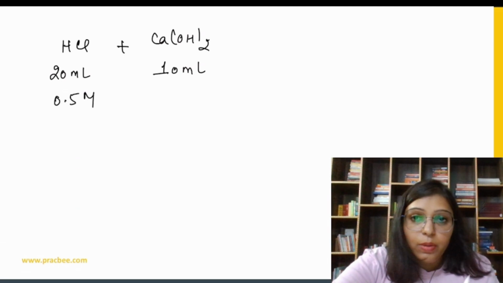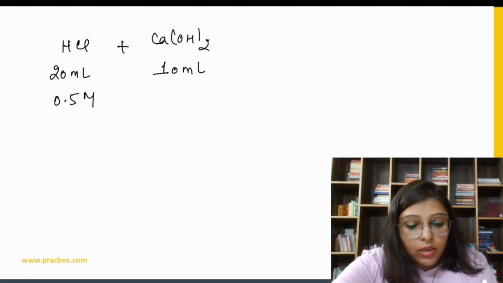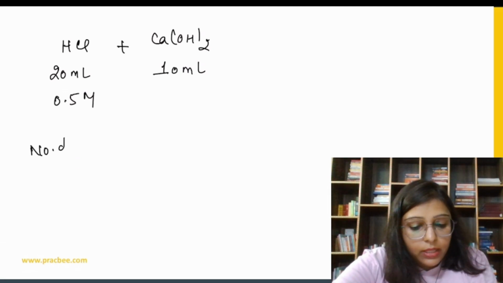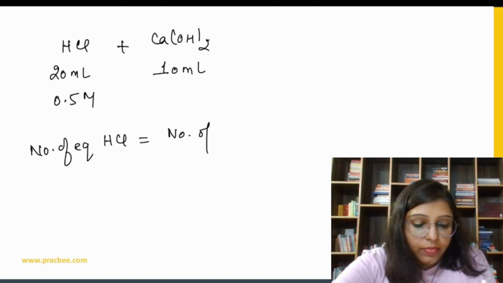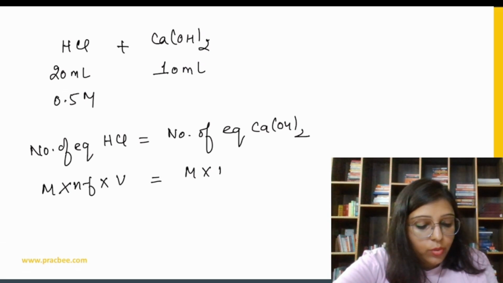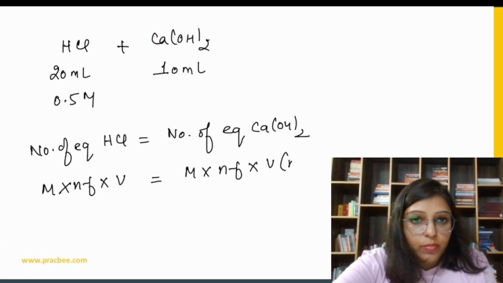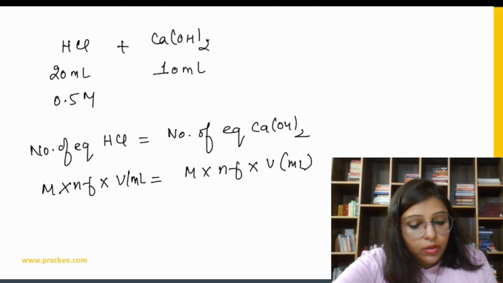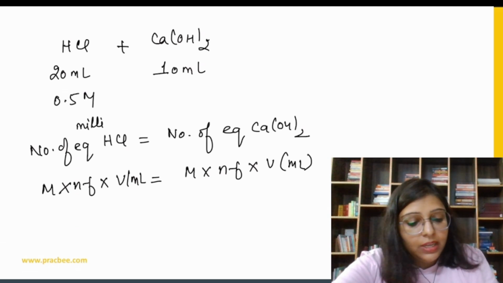So see, 20 ml of 0.5 molar HCl and 10 ml of calcium hydroxide. From this we can say that the number of equivalents of HCl is equal to the number of equivalents of calcium hydroxide, that is, molarity times N factor times volume. Volume is in ml, so they are going to be milliequivalents.